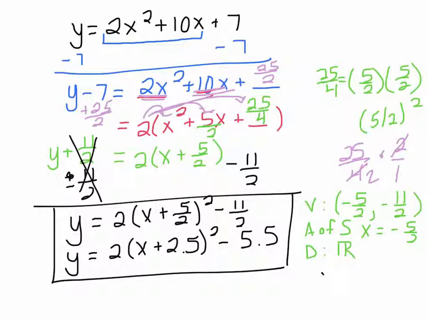That's the symbol for all real numbers. And the range is y and the y value. And I'm going to do a simple sketch up here. If I went negative 5 halves, negative 11 halves, I'm somewhere there, and my graph goes up. So it's greater than or equal to.